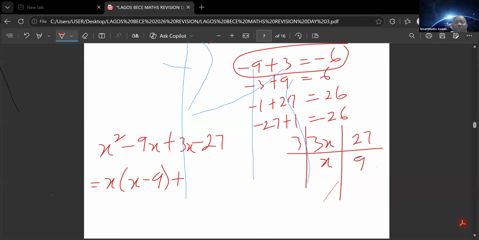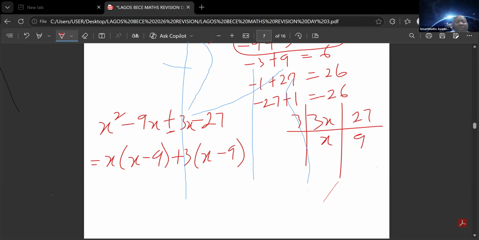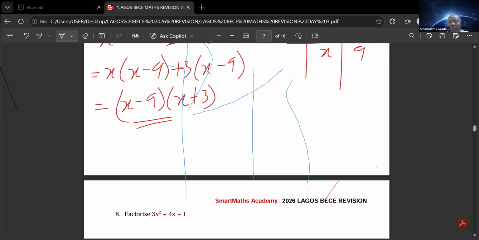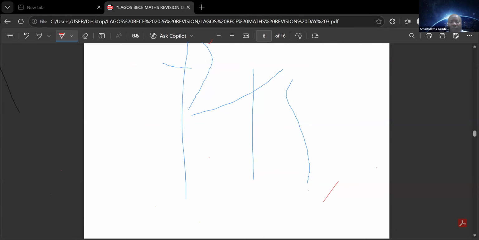So the 3 is outside. The minus, because this one is plus, minus divided by plus is going to be minus. So this is going to be x minus 9 as well. So the final answer will then be x minus 9, close the bracket, then x plus 3. So that is the answer for this.